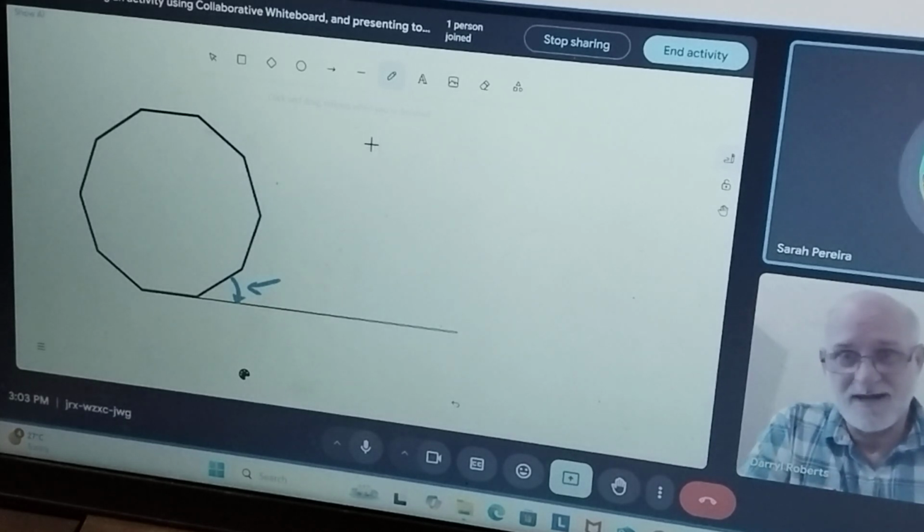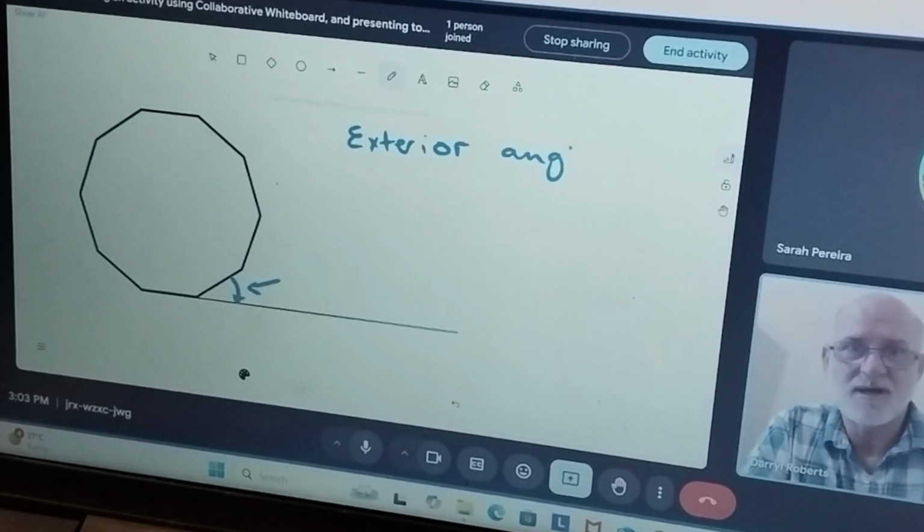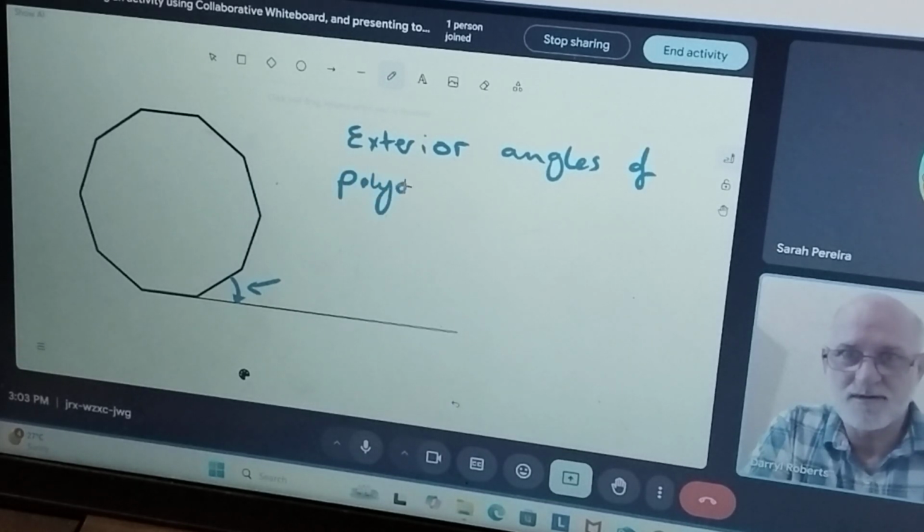Now, the exterior angles of any polygon. Oh, why am I writing interior? It's not interior anymore, it's exterior. Exterior angles of any polygon. Polygon.